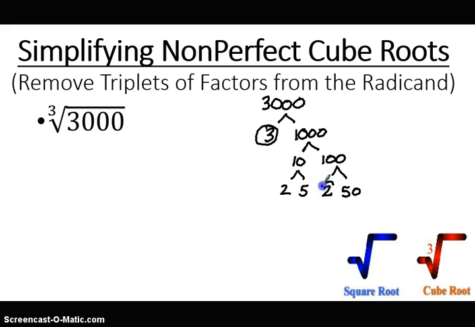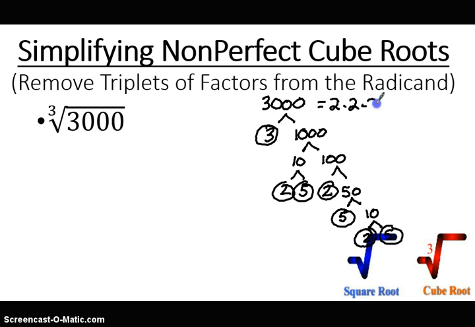We got some prime numbers here, we'll circle. 50 is the same as 5 times 10. 10 is the same as 2 times 5. So we have 2 times 2 times 2, there's 3 2's, times 3 times 5 times 5 times 5.